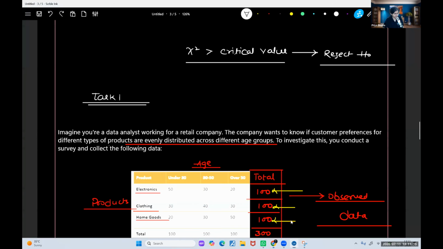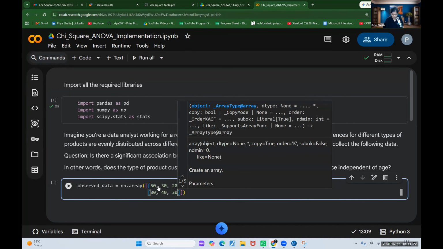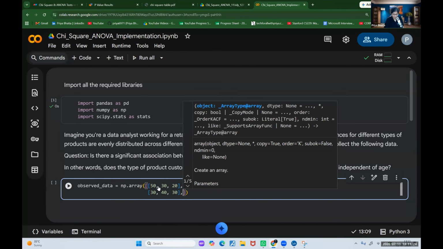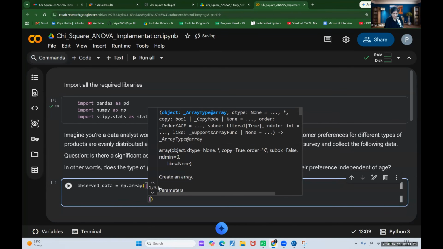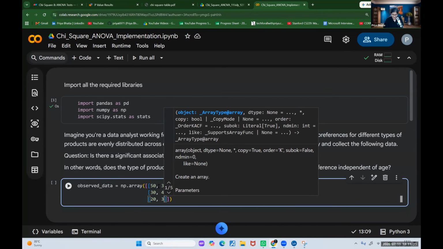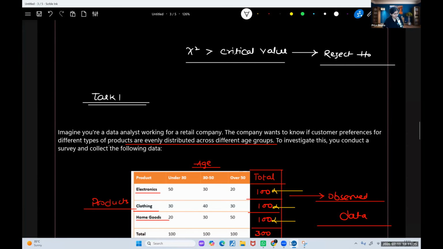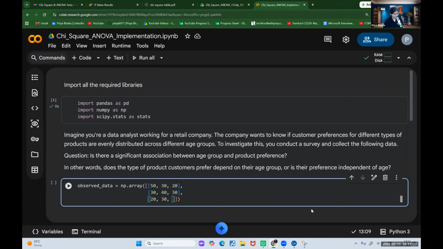It was 30, 30, then we have 40, and then again 30, 30. Then we had the third row, which includes 20, then 30, 30. What's next? Then we had 50, 50, 50.